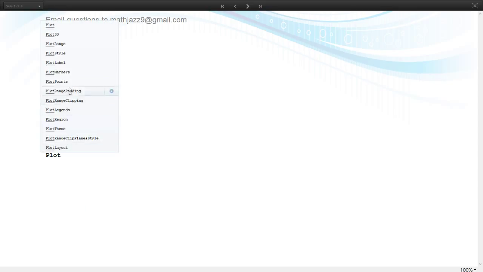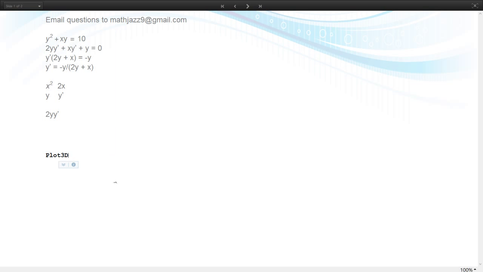So let's see. Plot 3D. It's not exactly what I'm looking for. I will have to look that up before next week. I'm sure that Mathematica can do it. But for now, we can do a Plot3D.